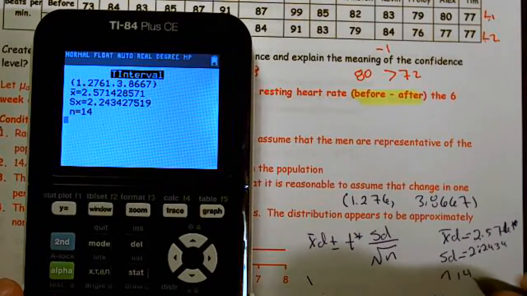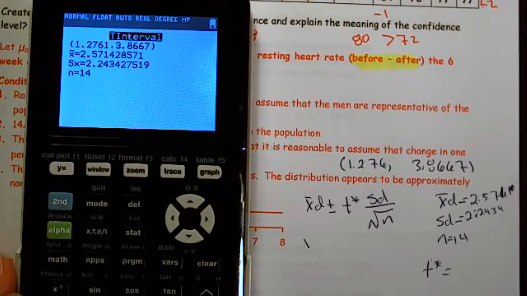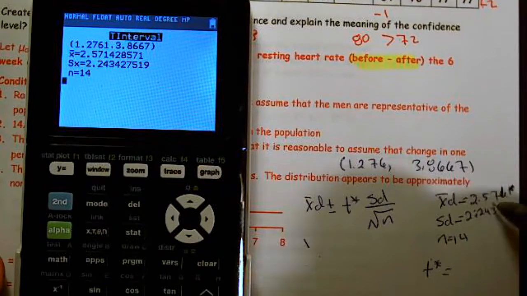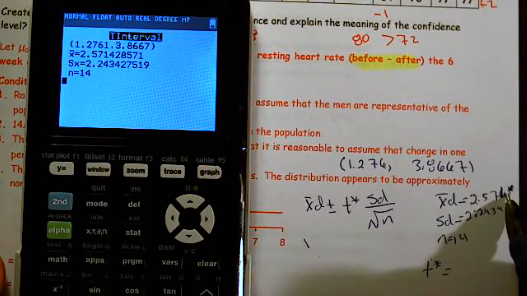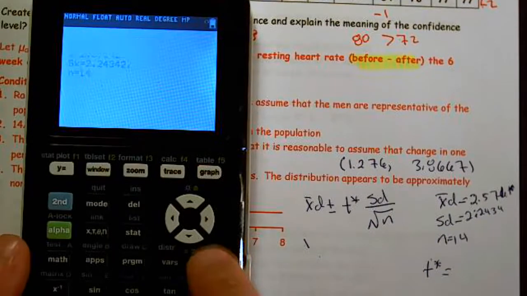And we already knew that we had 14 pairs, so N is 14. All right, while we're here, let's go ahead and calculate our T star. And I probably should rewrite that, but it's 2.5714.